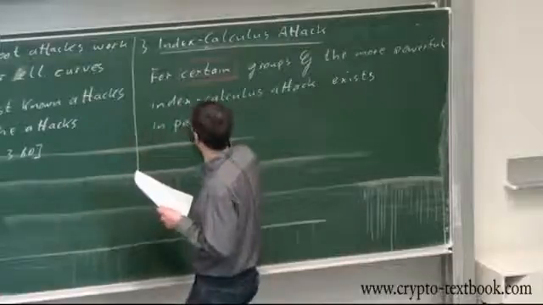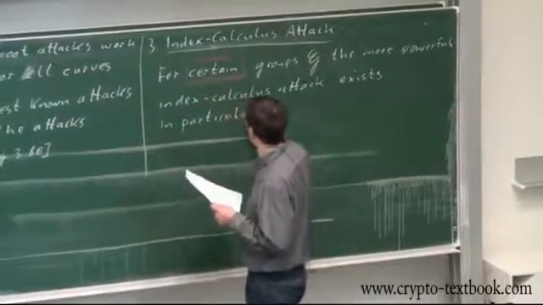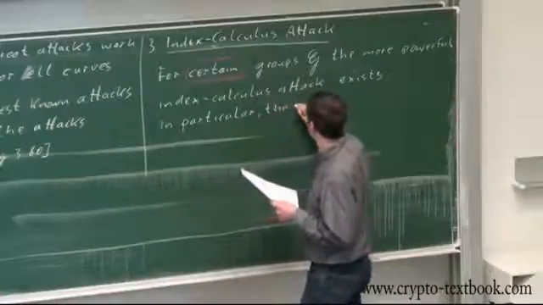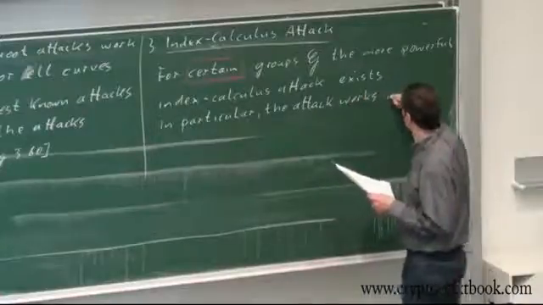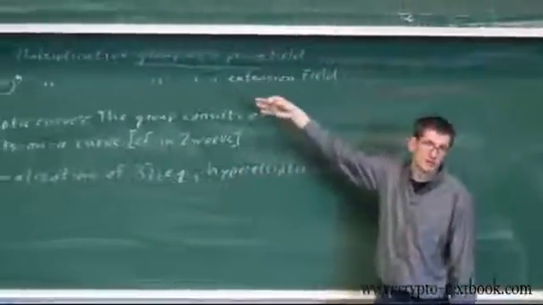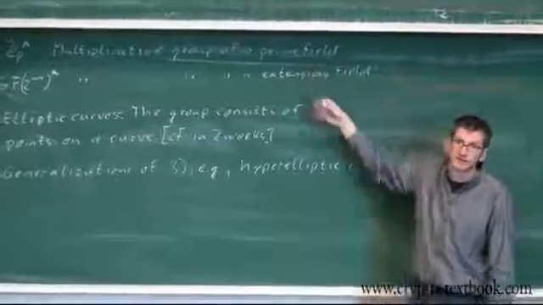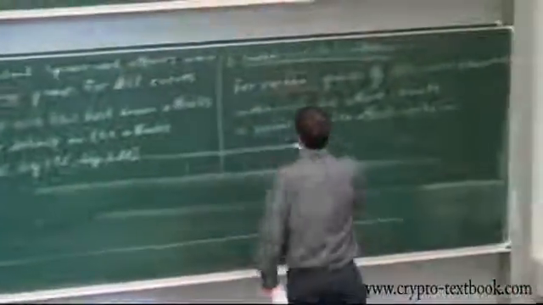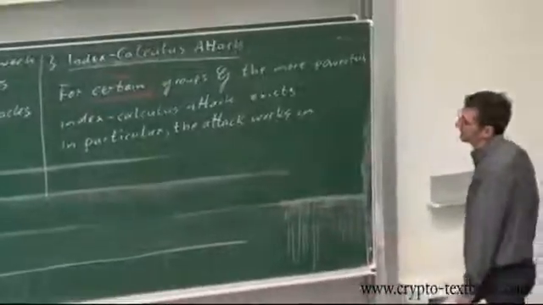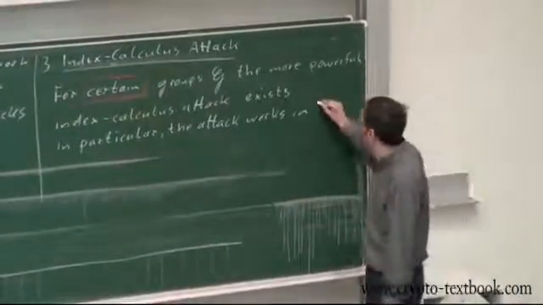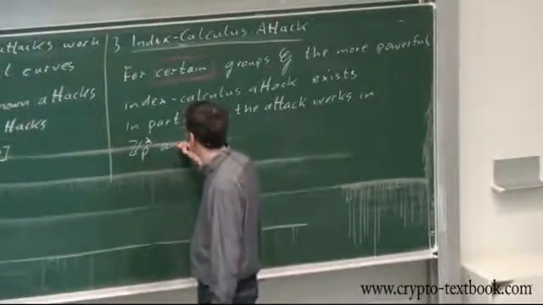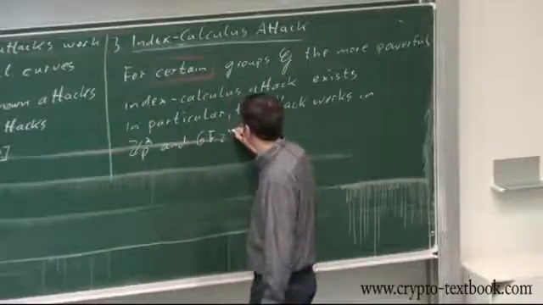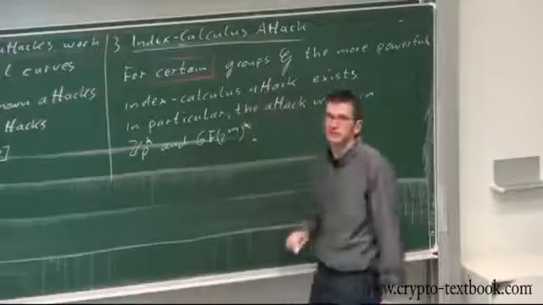In particular, the attack works, remember I showed you the cyclic groups people have been using, in particular against the first two, in Z_p star and GF(2^m).